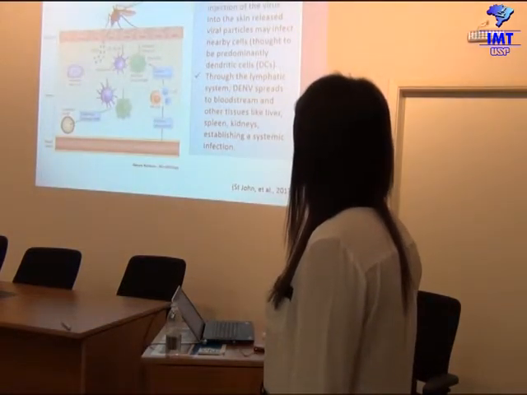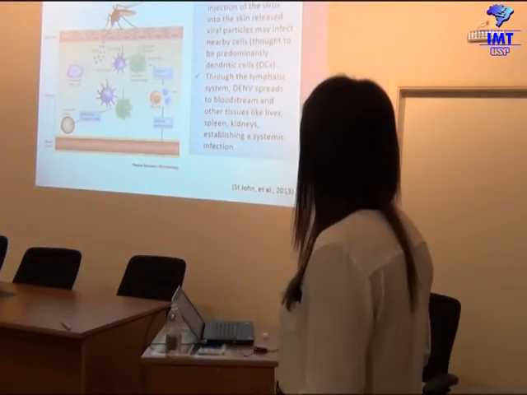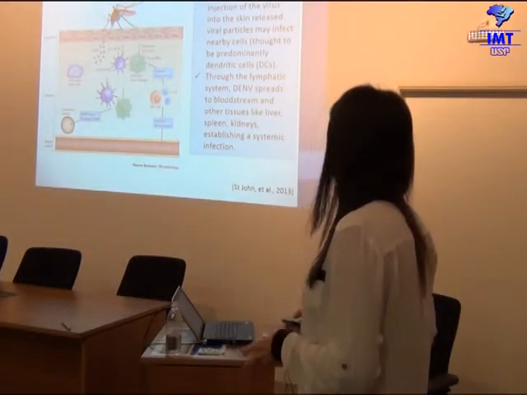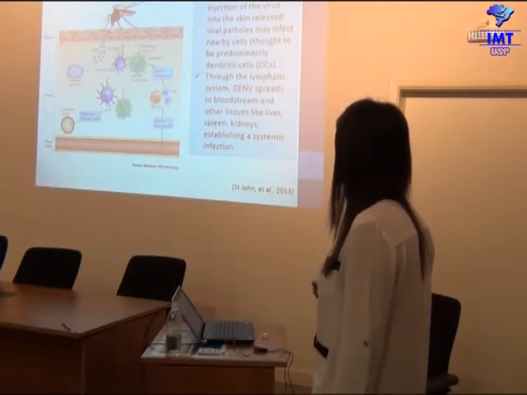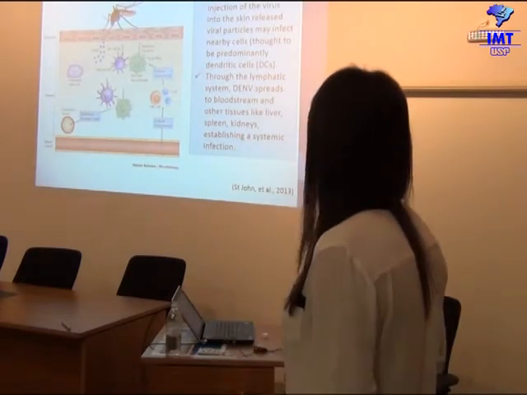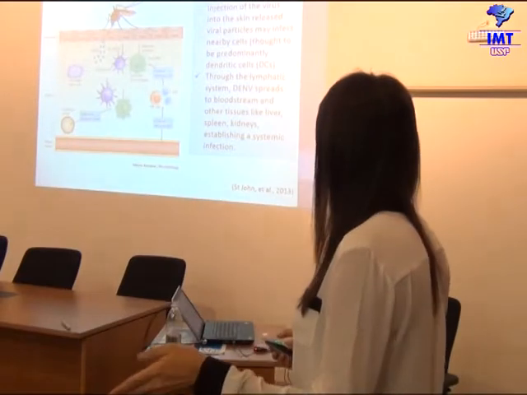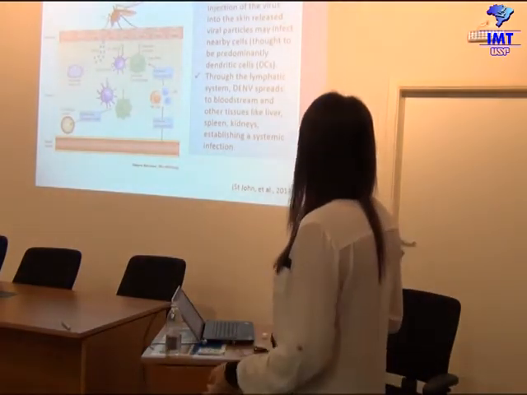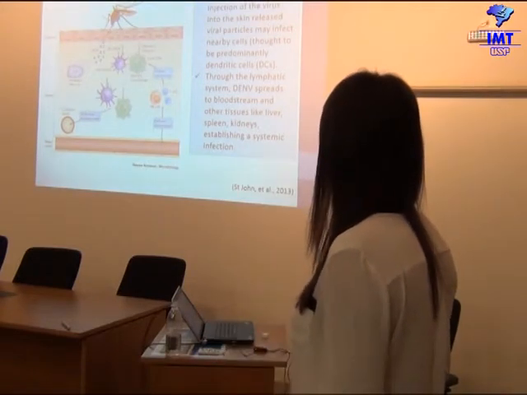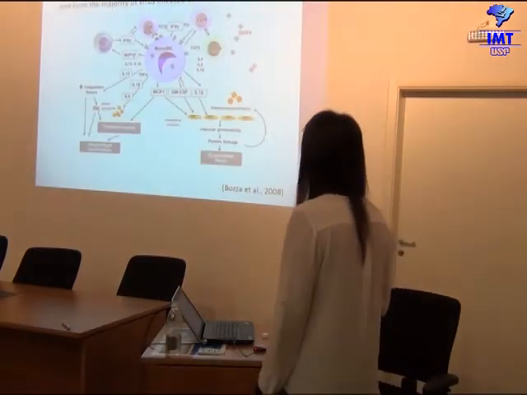After the subcutaneous injection of the virus into the skin, the virus particles infect the local immune system. It starts predominantly in the dendritic cells, and after this first infection, the virus spreads through the lymphatic system and then the bloodstream, reaching other tissues like liver, spleen, kidneys, and then establishing a systemic infection.